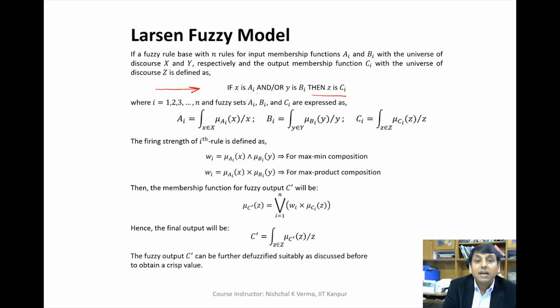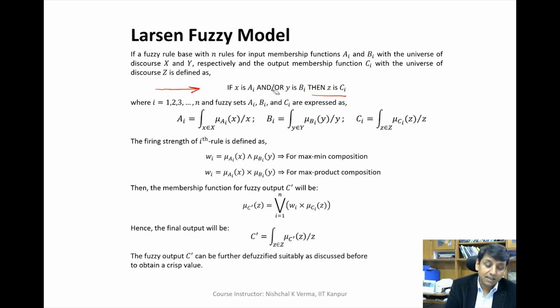Here Ai and Bi are nothing but the fuzzy values corresponding to the input X, and Bi is the fuzzy value, which is nothing but a fuzzy set, corresponding to Y. The subscript i signifies the fuzzy set for the ith rule.